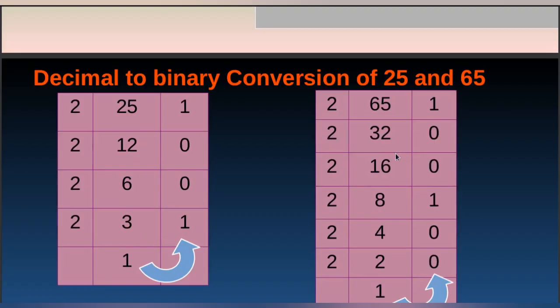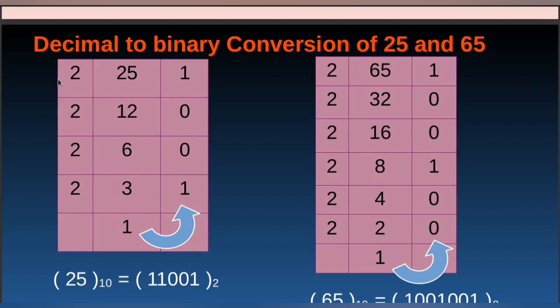Here we can see that the Java compiler, or any compiler or interpreter of any language, when it stores any value inside a variable, first converts the decimal value into binary value, meaning in the form of 1 and 0. Here we can see that 25 is being converted into binary form.